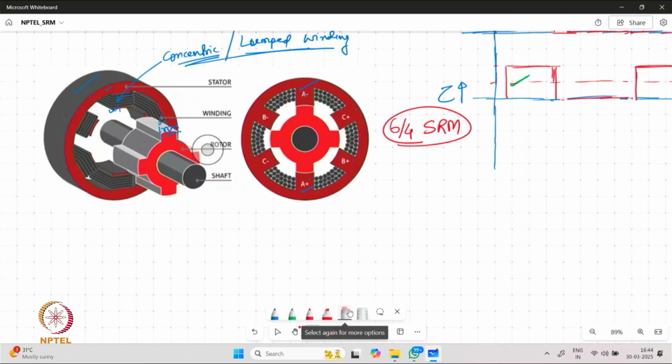Now one of the questions that may arise, when we are talking about switch reluctance motor, is that this motor has a tendency to move in steps. So how to compute the step angle?